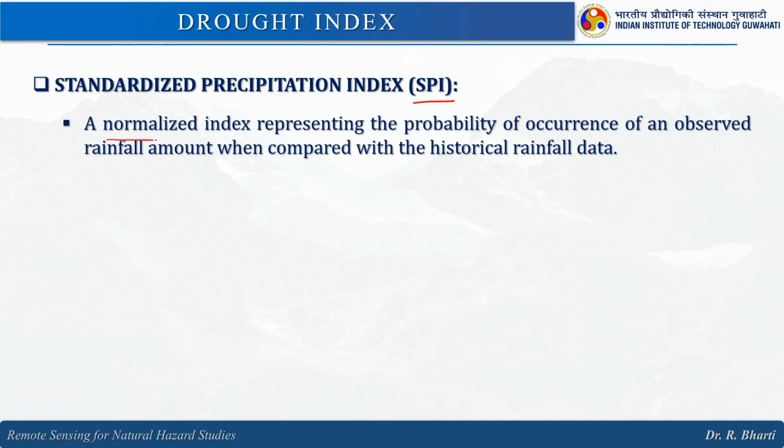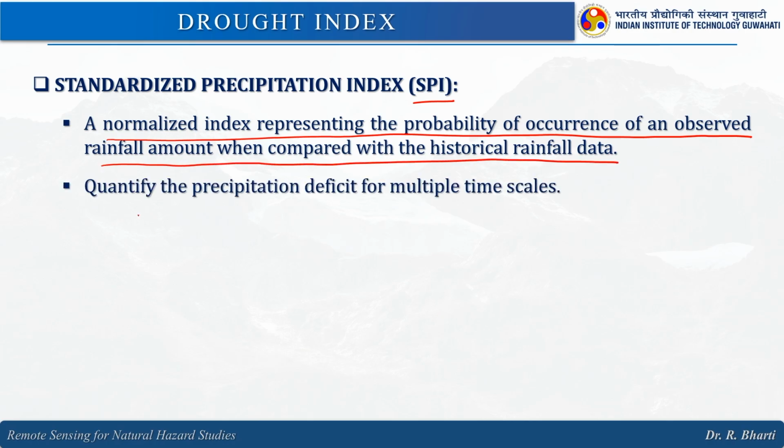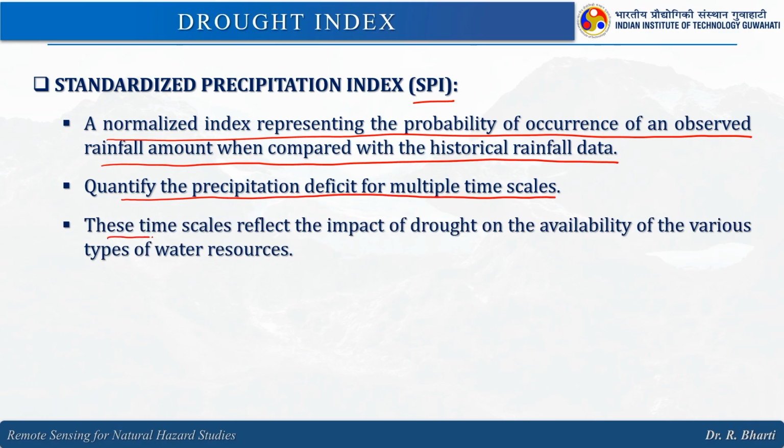SPI is a normalized index representing the probability of occurrence of an observed rainfall amount when compared with the historical rainfall data. It quantifies the precipitation deficit for multiple time scales. These time scales reflect the impact of drought on the availability of various types of water resources.